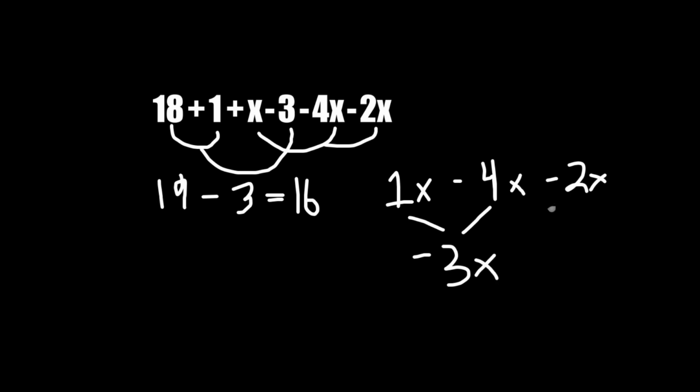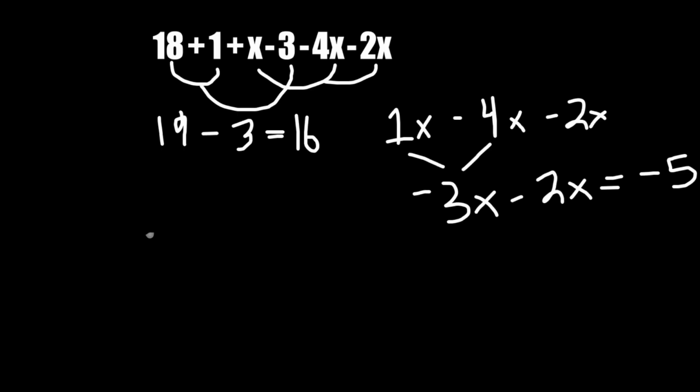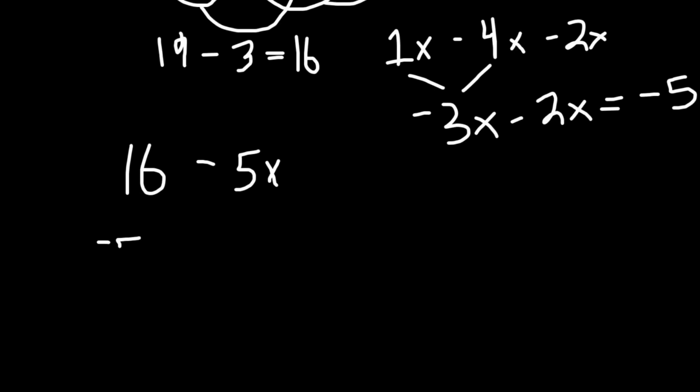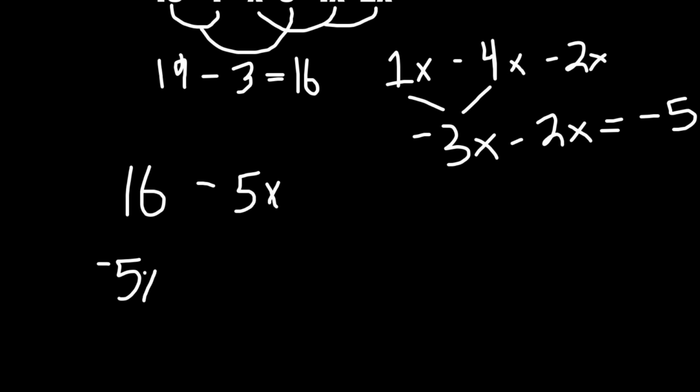And negative 3x minus 2x is negative 5x. So the most simplified version is going to be 16 minus 5x. Or you could say negative 5x plus 16. And both of these are correct.